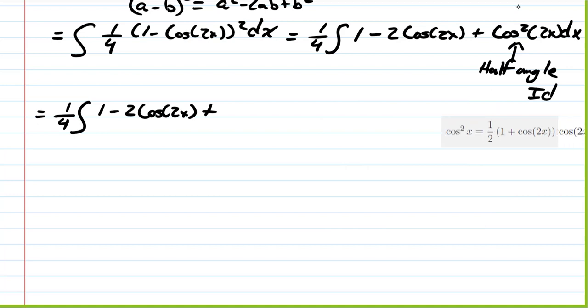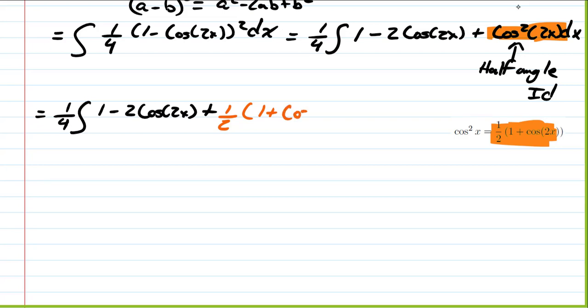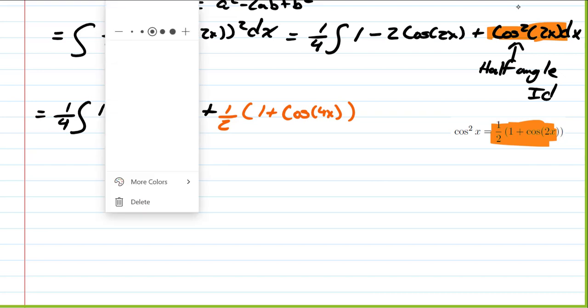So we end up with the following. We use our half angle identity on this, which gives us this. So we end up with 1/2 times 1 plus, but we already have a 2x. So if we double the 2x, we get cosine 4x dx.